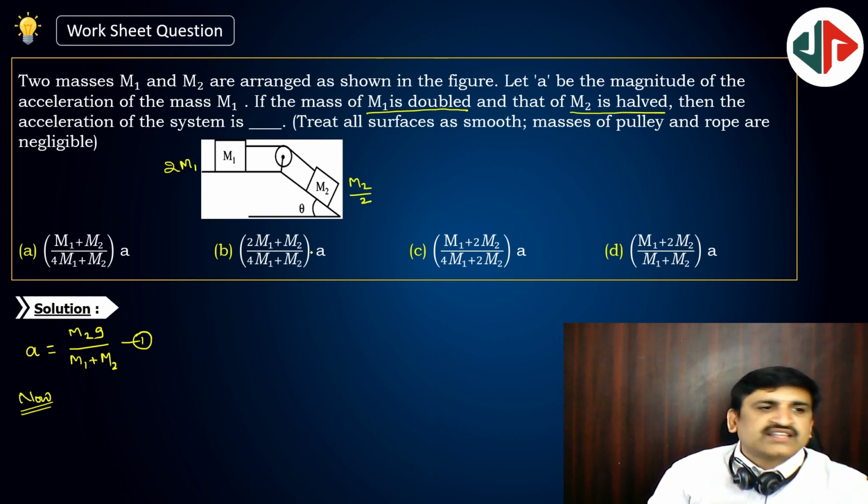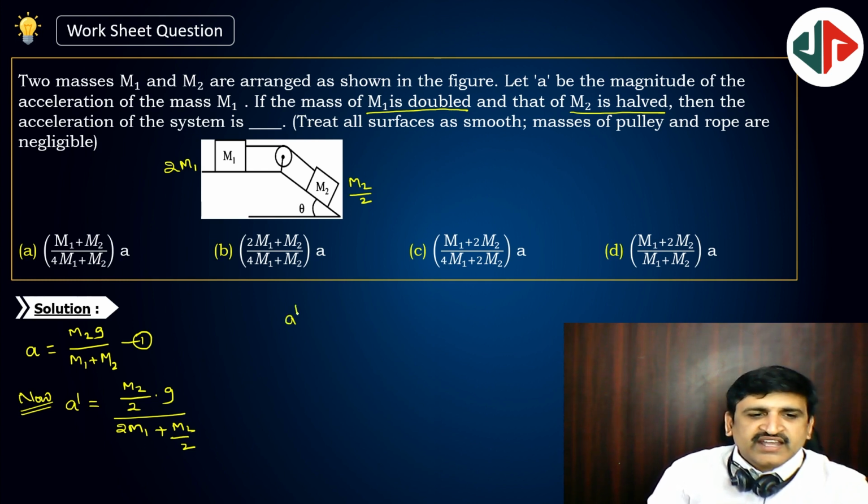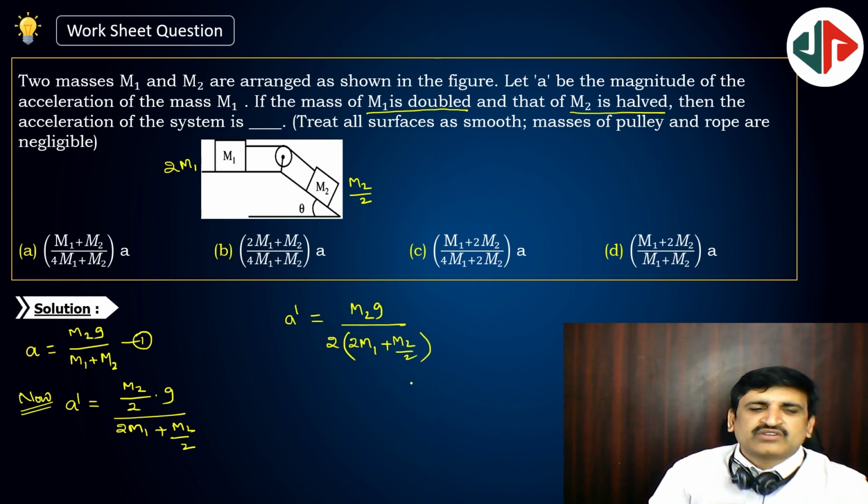In that case, then the acceleration of the system is, now acceleration A dash is equal to, same story, M2 by 2 into g applied force by total mass, 2M1 plus M2 by 2. This is to be simplified. So A dash is equal to M2g by 2 into, this is 2M1 plus M2 by 2. Almost all same I wrote, nothing I changed.